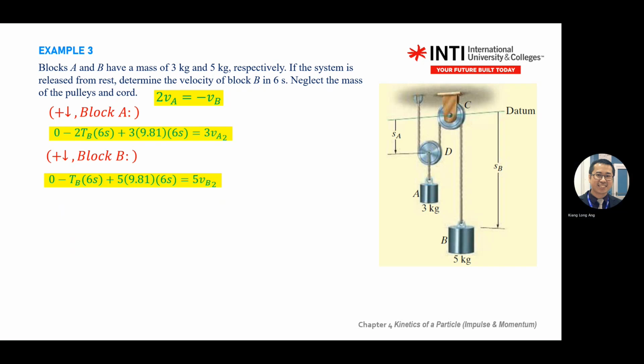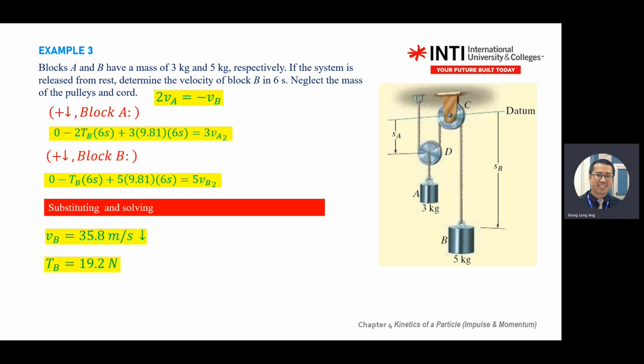TB, VA, VB. Two equations, how do you solve? Using simultaneous equations. Substitute either one of them and solve. You get VB and T from the simultaneous equations.